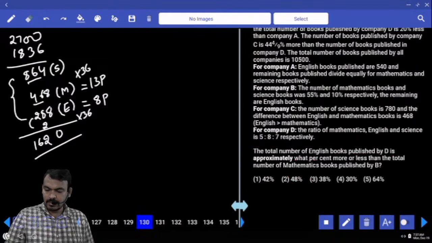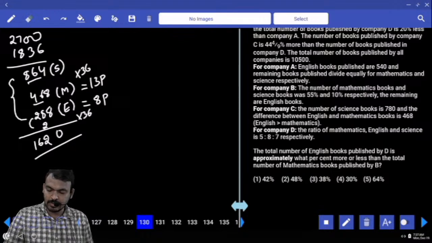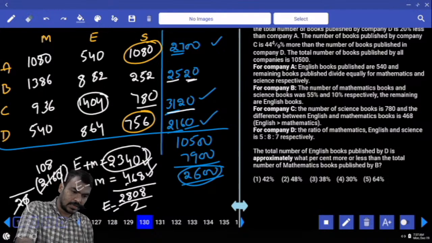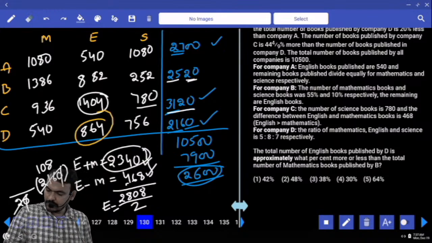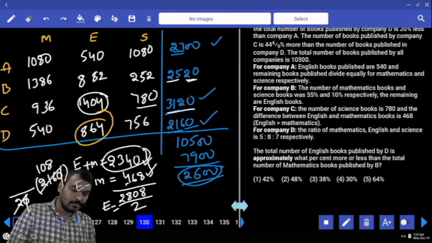Next, 130. The total number of English books published by D is approximately what percent more or less than the total number of mathematics books published by B? What is the English D value? 864. Is what percent more or less than the maths in B? What is the maths in B? 1386.